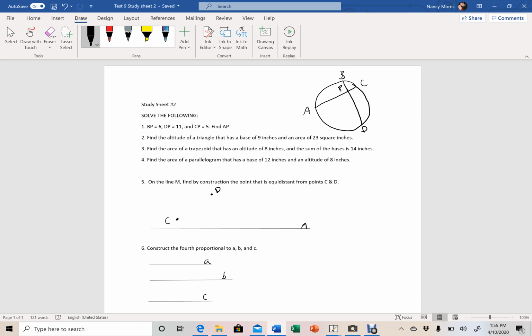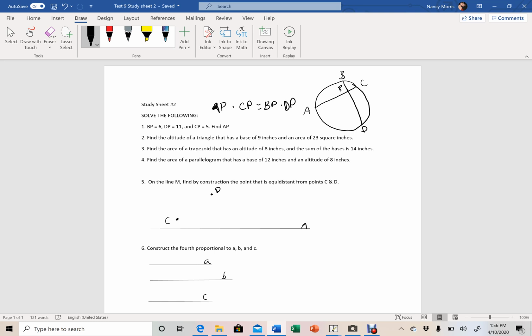So we could have AP times CP equals BP times DP, okay? So we can set this up, and then these would be ratios, and then we would cross multiply with our numbers. Okay, so we're plugging in the numbers that we have, and then we're solving for what we do not know.